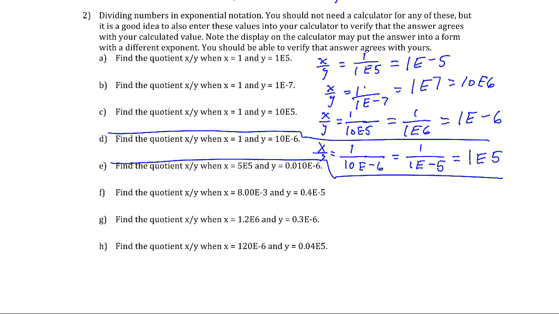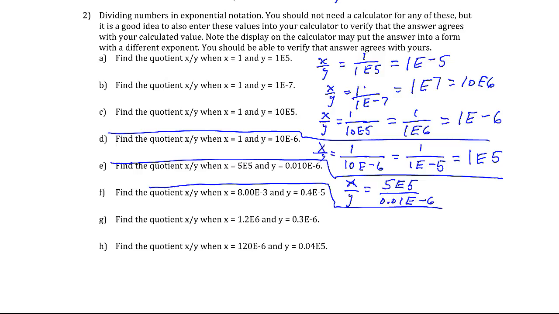Okay? For part E, now we're getting a little bit more interesting. We have x over y is equal to 5e to the 5th divided by 0.01e to the minus 6.